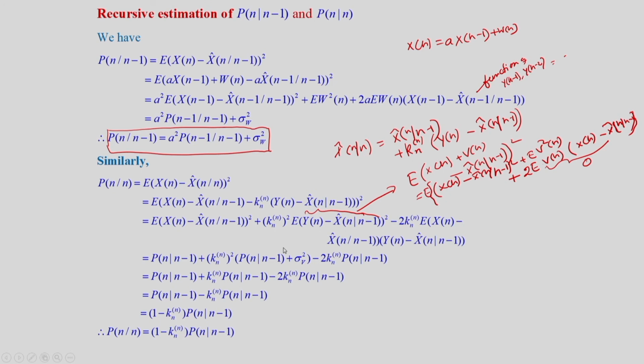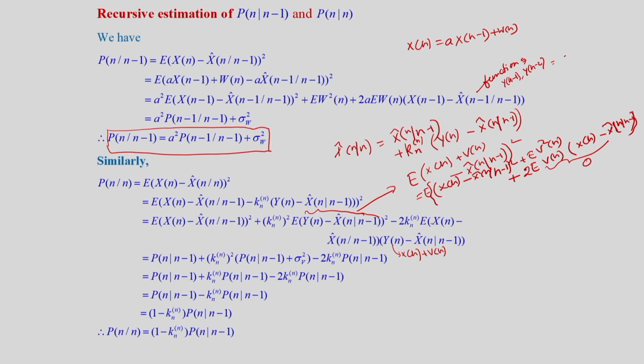Now, we will examine this term, twice K[n] into E of (x[n] minus x̂[n|n-1]) into (y[n] minus x̂[n|n-1]), and here this y[n] we can write as x[n] plus v[n]. So, what we will have is E of (x[n] minus x̂[n|n-1]) into (x[n] plus v[n] minus x̂[n|n-1]).